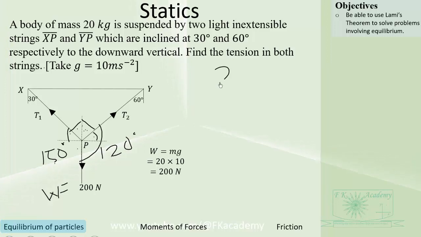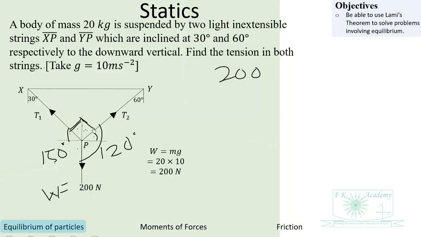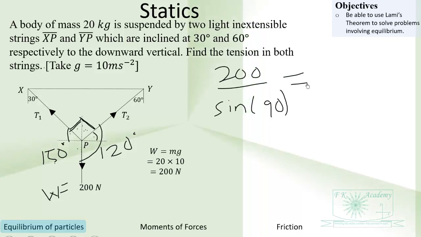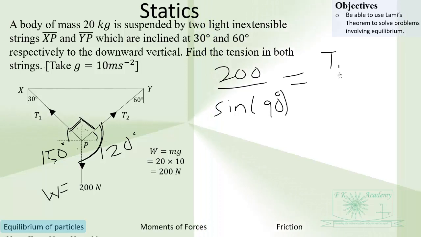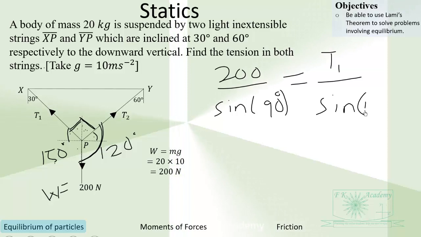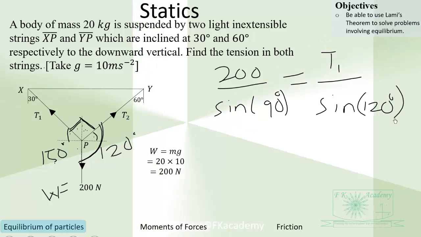So with Lami's theorem, we are going to get 200 newtons over the sine of the angle which is directly opposite to it. 200 over sine 90 will be equal to T1 over the sine of the angle directly opposite to it. And sine 120 is the same as sine 60.